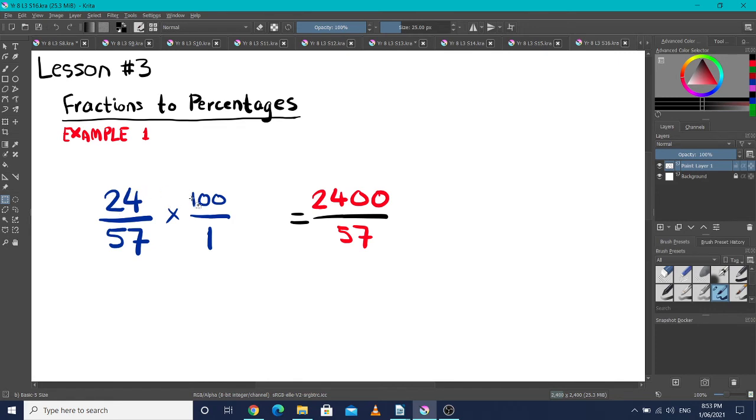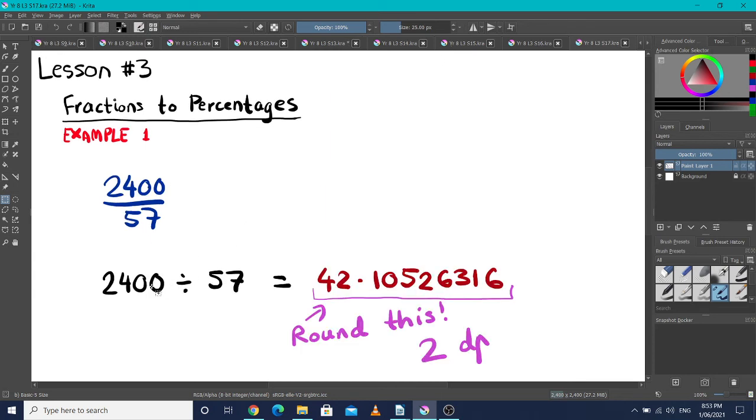So 24 times 100 is 2,400 and 57 times 1 is 57. This becomes our new fraction and we divide this numerator by this denominator to get our percentage. Dividing 2,400 by 57 gives us the answer of 42.10526316. But this looks like an overly complex number, so we are going to round to 2 decimal places.